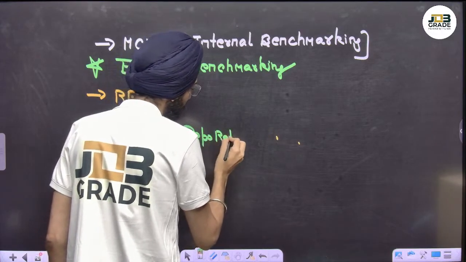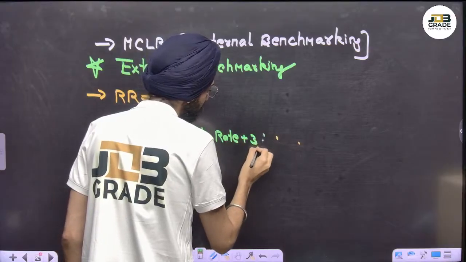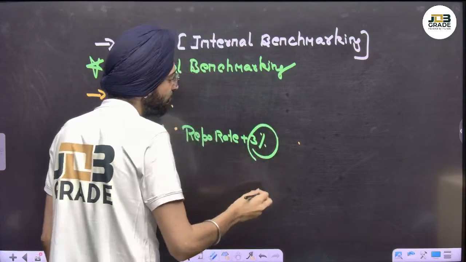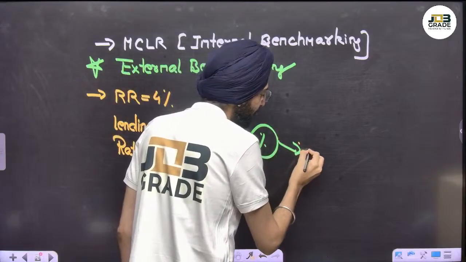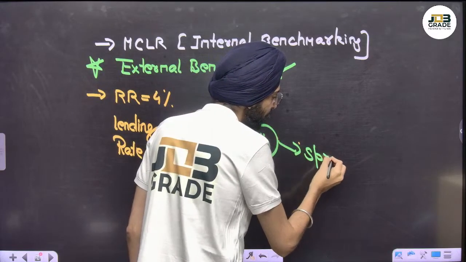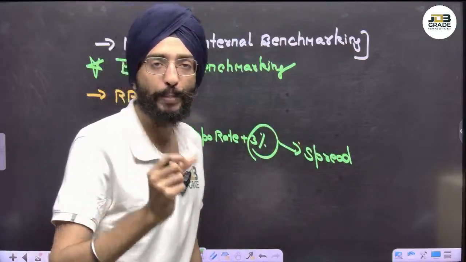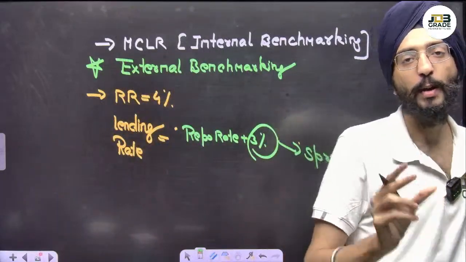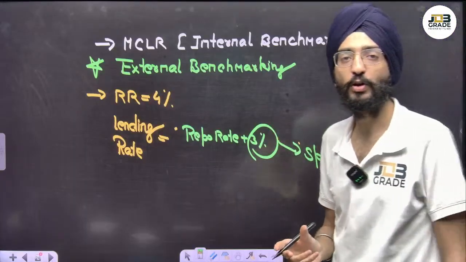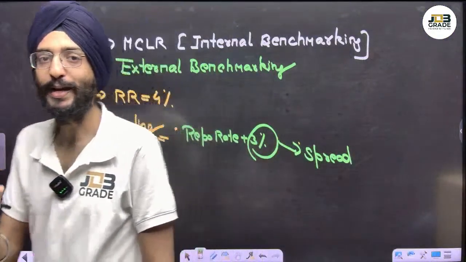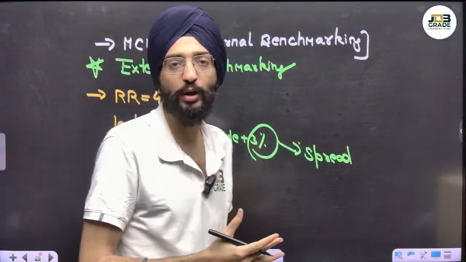Repo rate plus 3. So this is called spread. This is called spread in money and banking. And it is decided by the individual bank, based upon its deposit cost, its operational cost, and the salaries it pays to its employees.